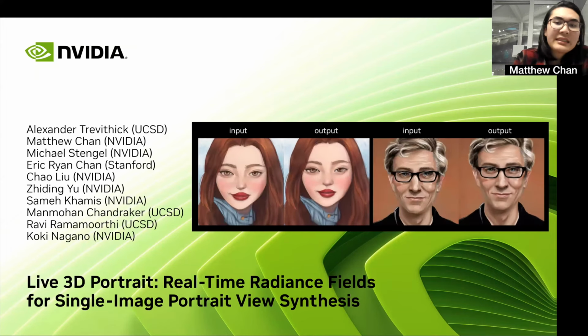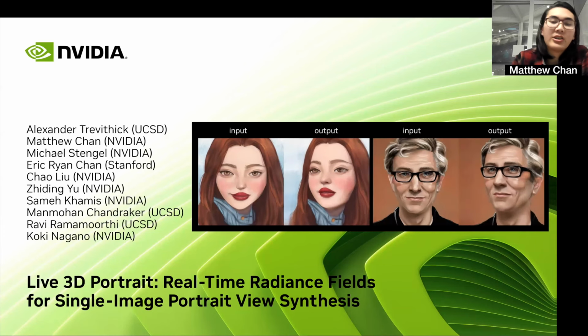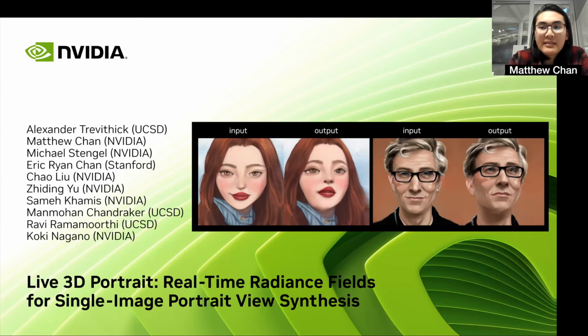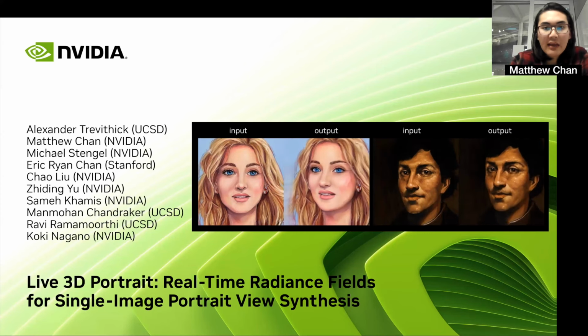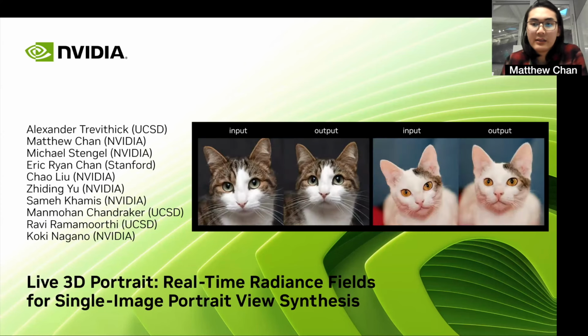This is an algorithm which, given a single RGB image, creates the 3D avatar of the person, which we can then manipulate and render as well.